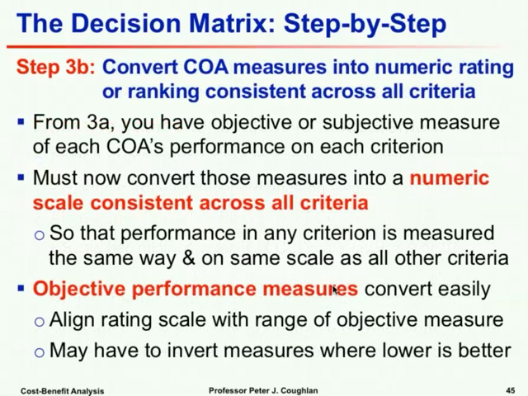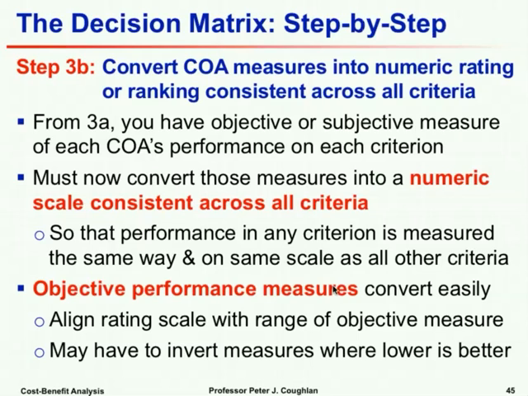Step 3A, remember, was to measure the performance of each course of action on each criterion. Once you've done that, you've got to convert those to a numeric rating or ranking which is consistent across all criteria. Something might be rated from 1 to 10, something might have an objective measure, for example customer satisfaction percentage, and something else might be measured objectively as output per day, the number of defects per month, whatever.